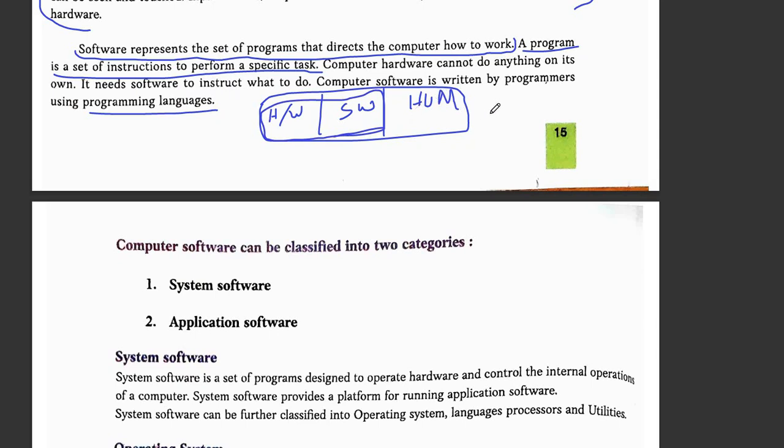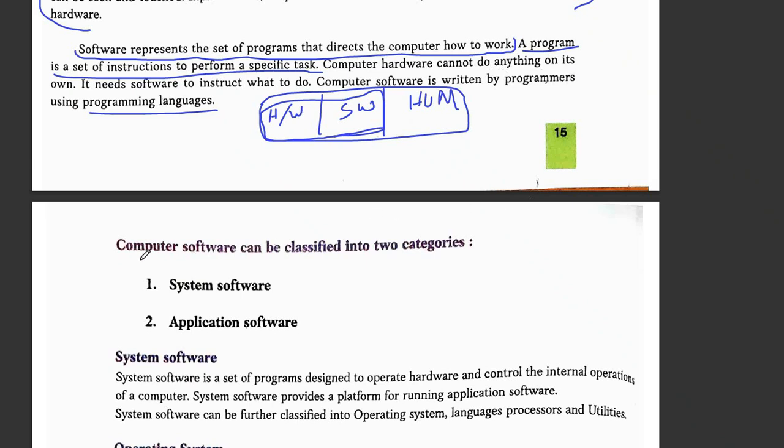Humanware are the people who are operating the computer. They are called humanware, nothing else. So we need to learn more about hardware and software. First of all, we came to know what a software is, what a program is, what an instruction is, and what type of languages the softwares are written in, by whom, all these things we learned.